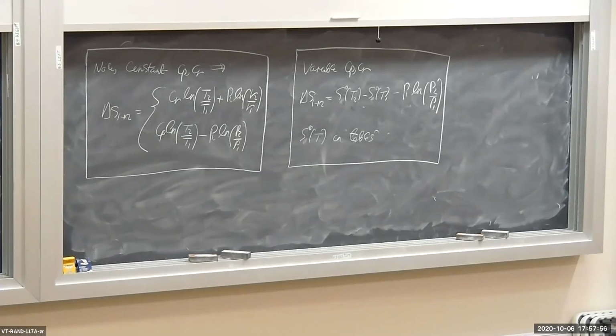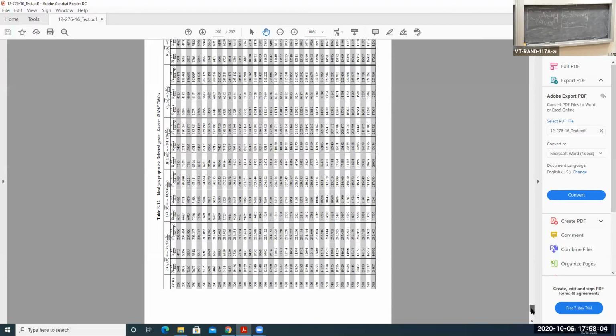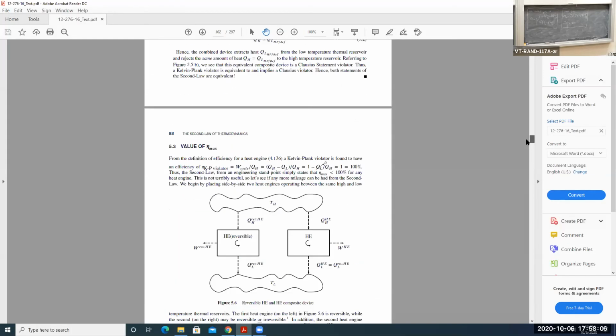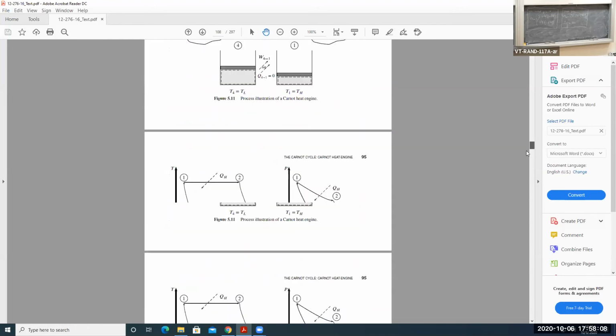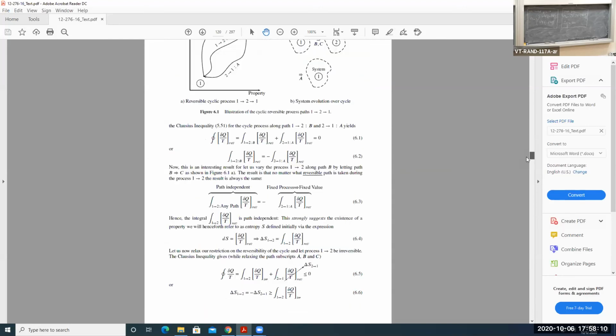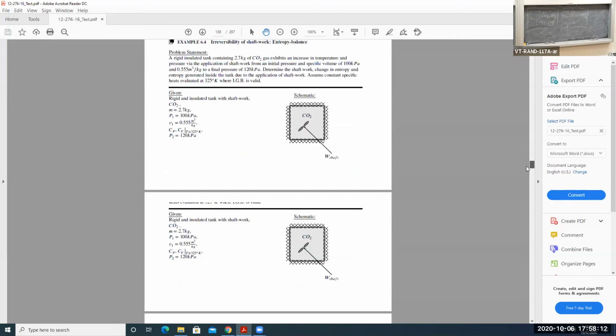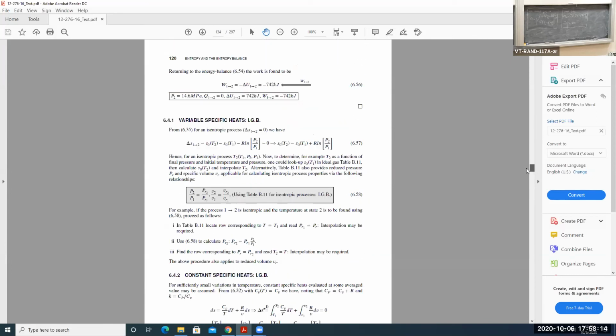Let's go to the notes here, and let's go to chapter 6, which is the one on entropy. I always forget whether it's 6 or 5. Let's go to the various property TDS equations.